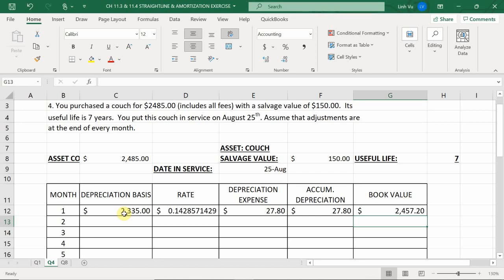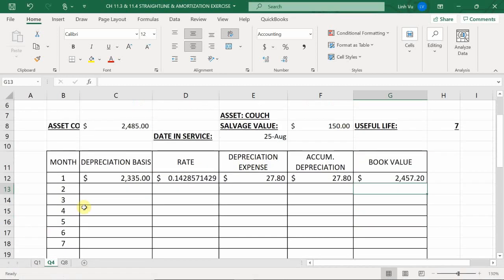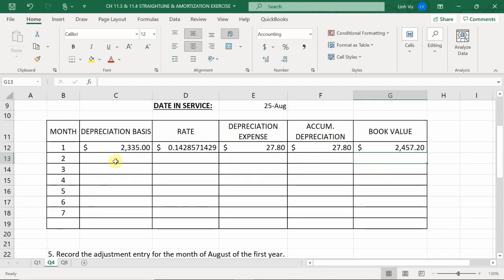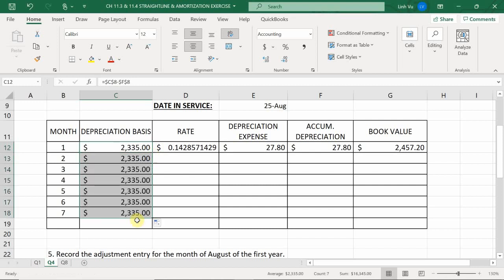let's solve for the second year. What's my depreciation basis going to be? It should definitely be the same. It's still going to be 2,335 because the formula will always stay the same. It will always remain your asset cost minus salvage value. What about your rate? Same as well.